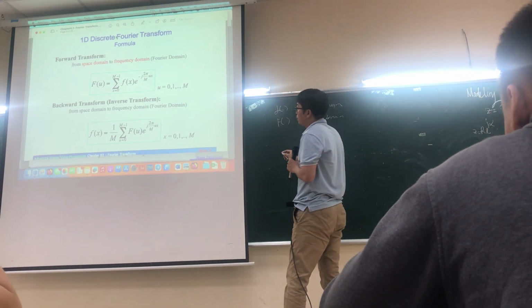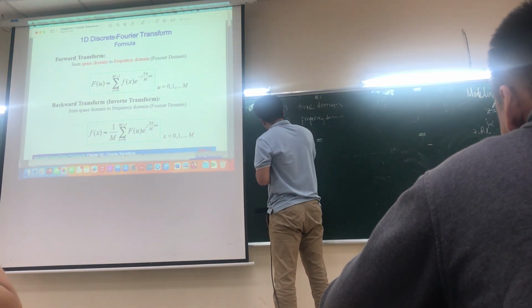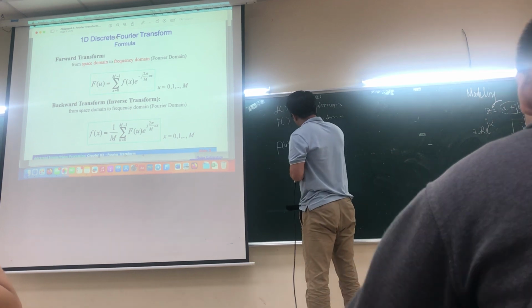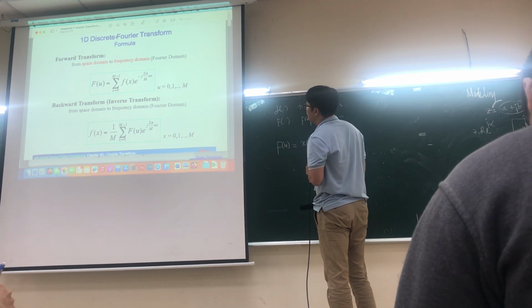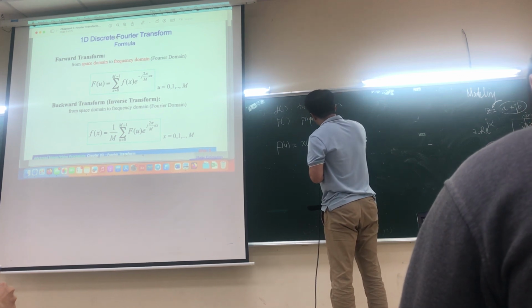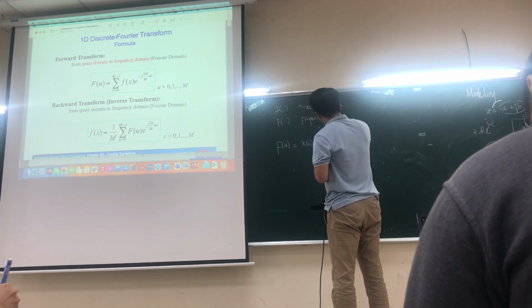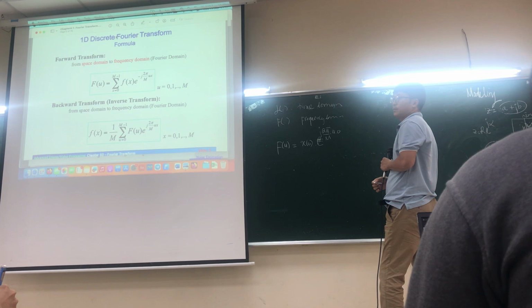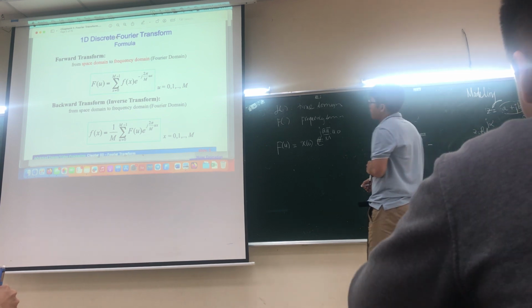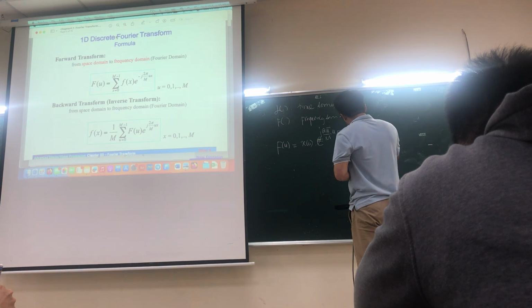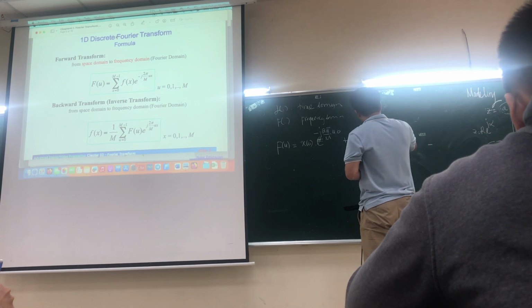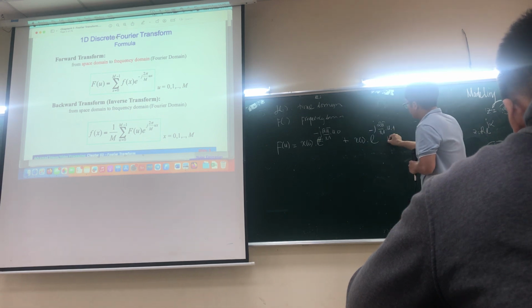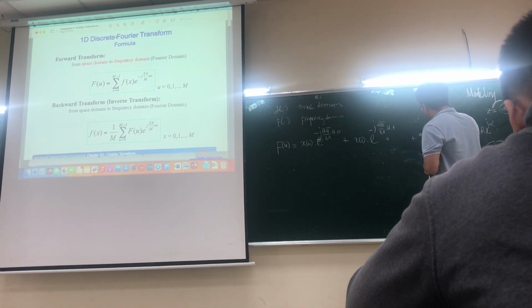So that formula equals F0 multiplied by e to the j 2 pi divided by N multiplied by 0 times 0, plus F1 multiplied by 1, plus and so on, up to f of n minus 1.